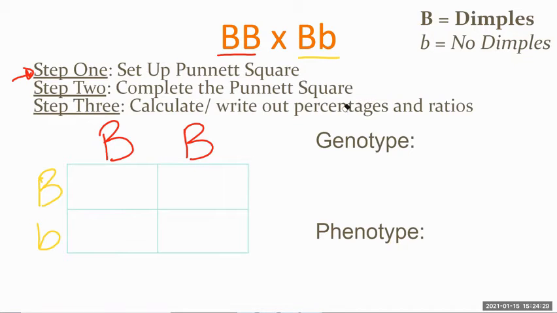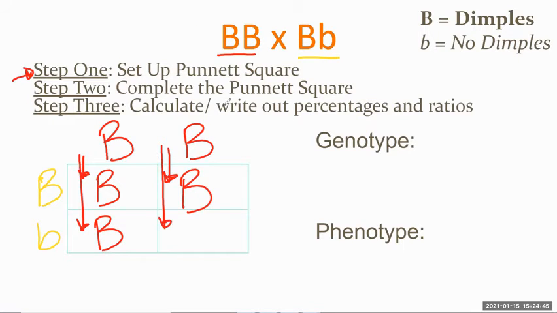You're going to bring the alleles from the top genotype down. You're just going to drag them down. So this big B will be in the first box and the second box. Same with this big B over here. For the genotype on the left, same idea, except you are dragging them to the side.